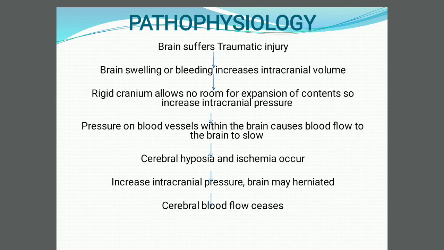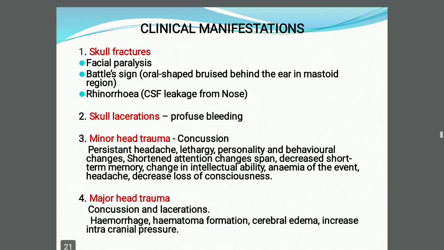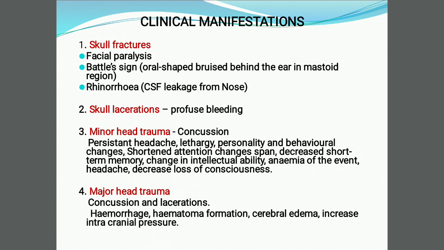Now we'll talk about the clinical manifestations. You will see that in skull fractures there will be facial paralysis because of the fractures in the skull, especially when it involves the bones in the face. You will also see a Battle sign. So what is Battle sign?